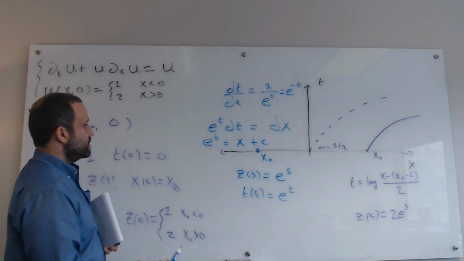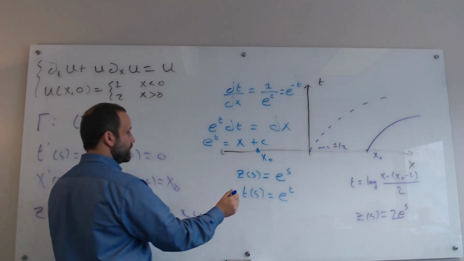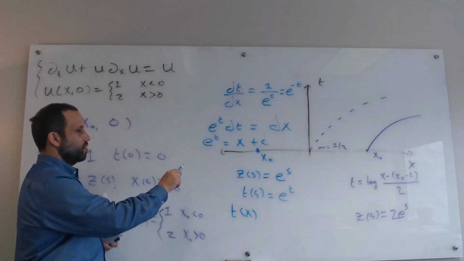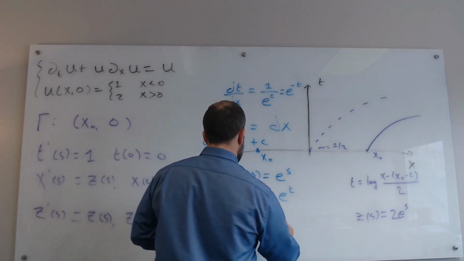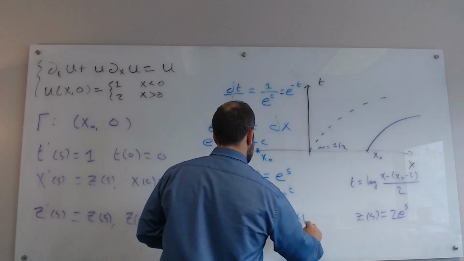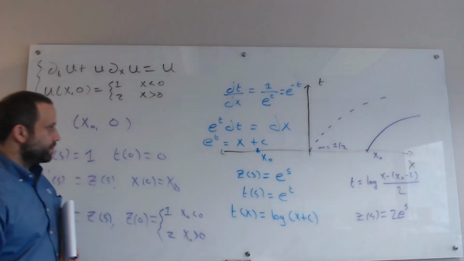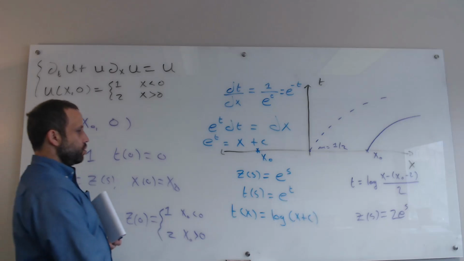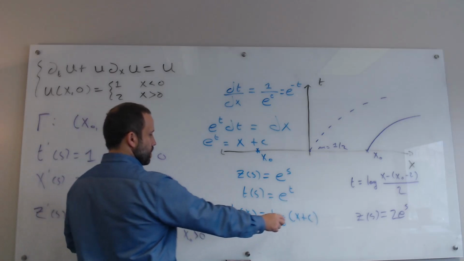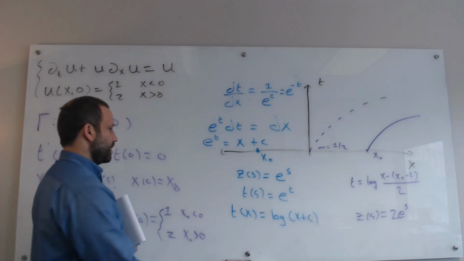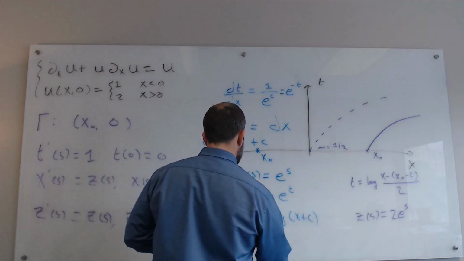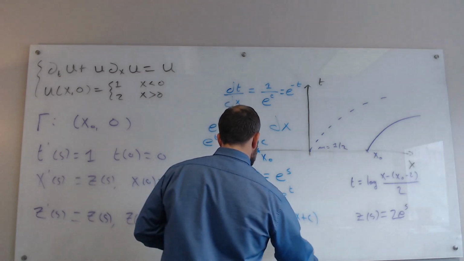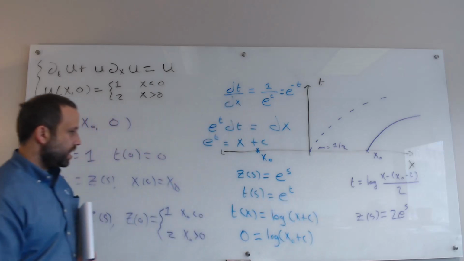Okay, and so now, if I take logarithms of both sides, this tells me that t of x is going to be natural log of x plus c. And then when t is equal to 0, x is equal to x naught, and so we have 0 is equal to log of x naught plus c.